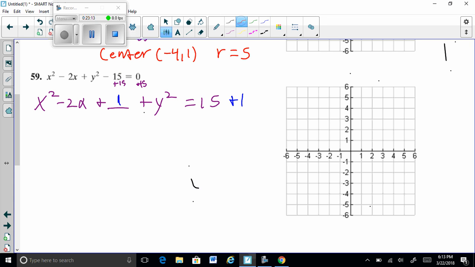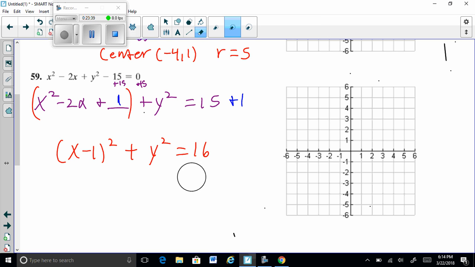Now you notice I don't have to do completing the square with the y, because it's just going to end up being 0, the k value. But this goes ahead and factors into x minus 1 quantity squared. We have our y squared right here, and then equals 16.